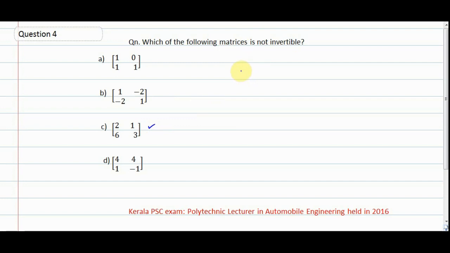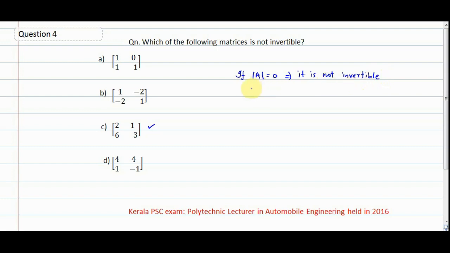So if determinant of a matrix is equal to 0, then it is not invertible. That means it will not have an inverse. Inverse does not exist.